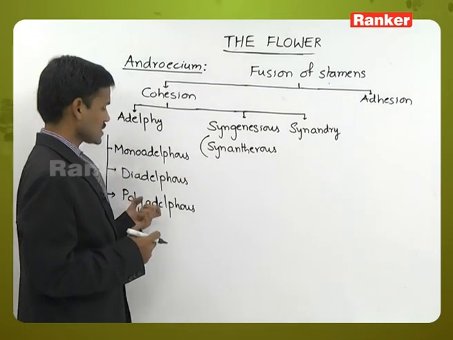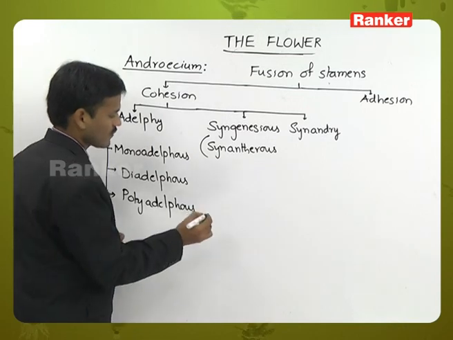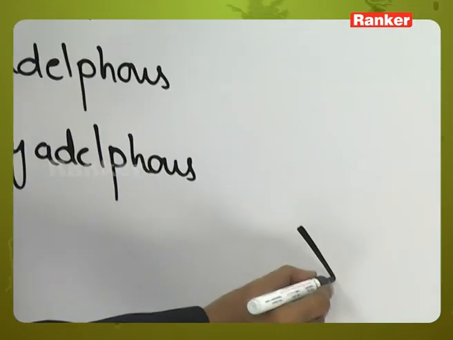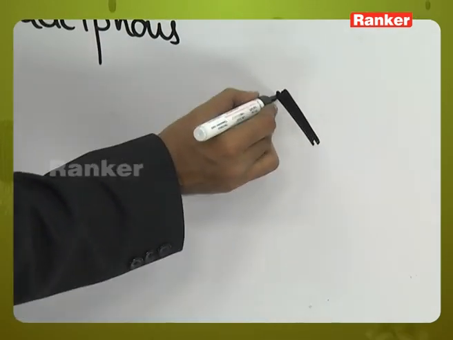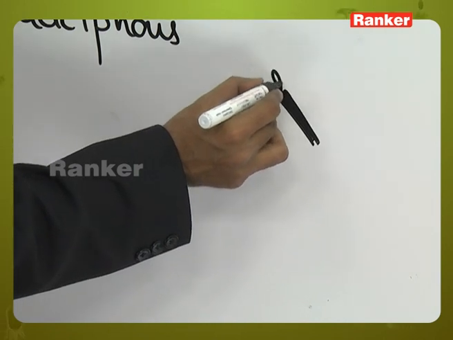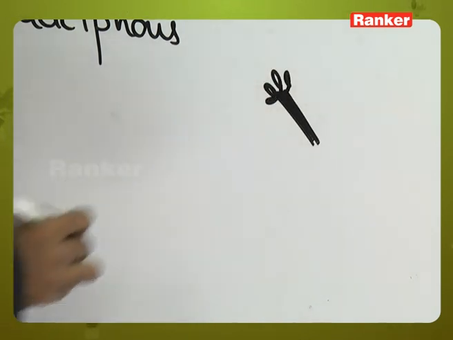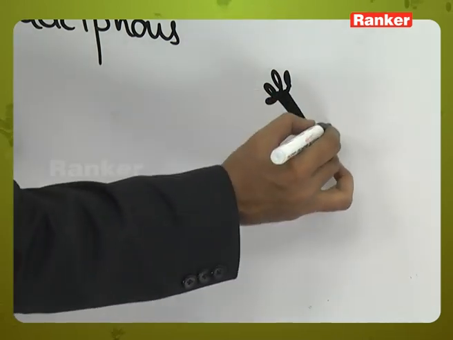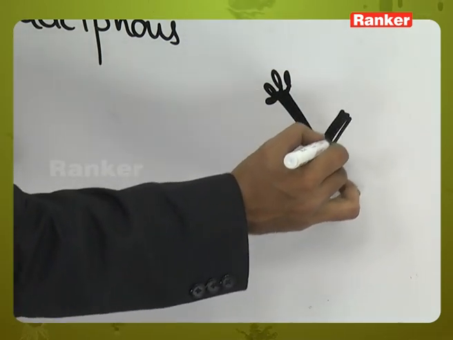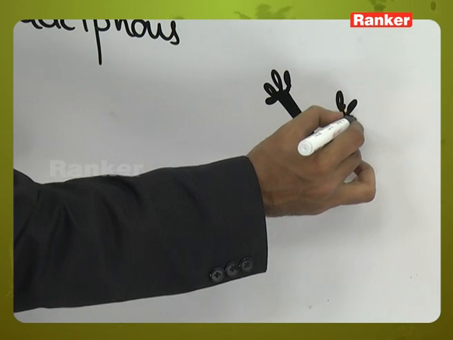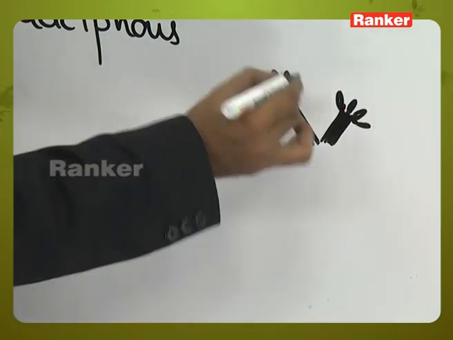More than 2 bundles are formed, that is polyadelphous. Here a number of stamens are there. All the filaments are fused to form one bundle, and all the filaments are fused to form another bundle here, but the anthers are free.